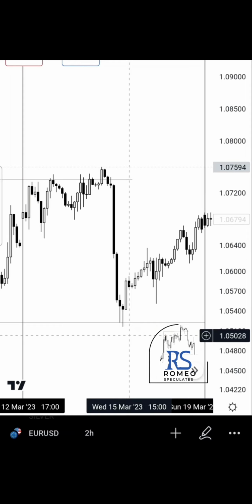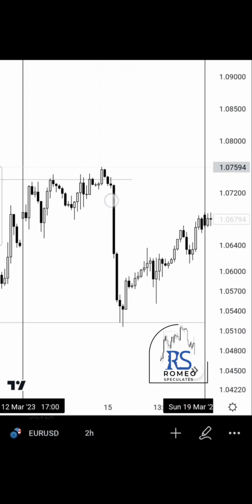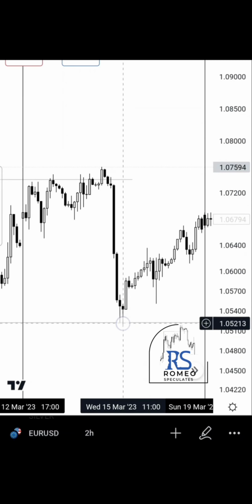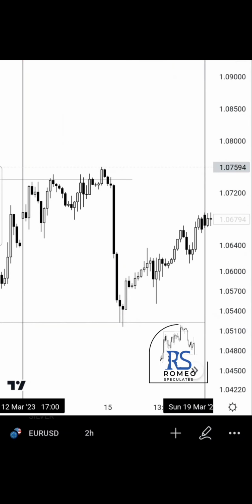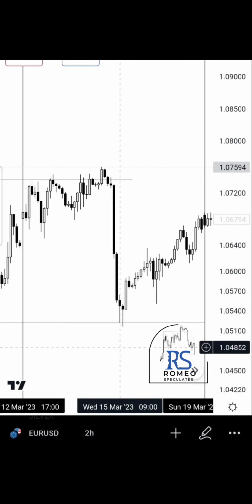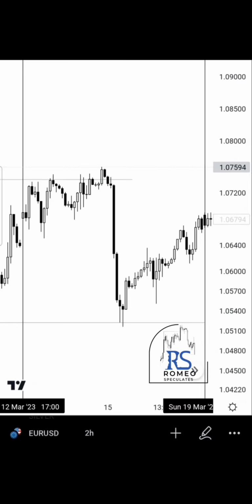Now when you see violent price movements like this, which are straight down or straight up, then that is usually a false move. All right. So although I would have liked it to continue down to 1.04800, which is the ultimate target for euro, if you see it trading down there, then don't be surprised.